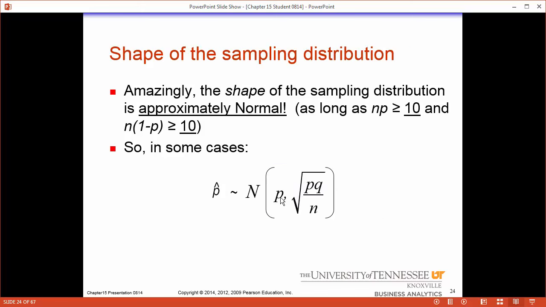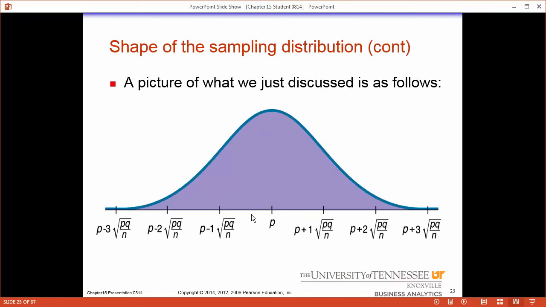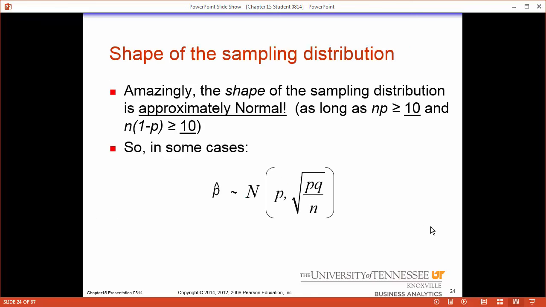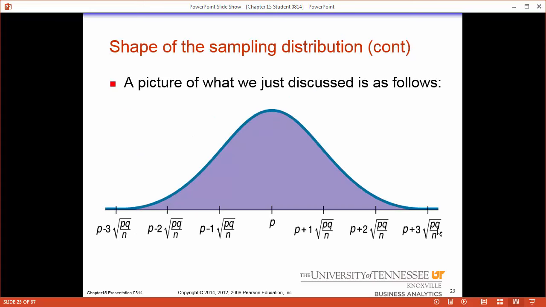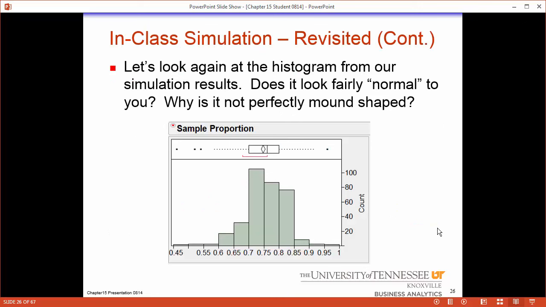And then we're going down 1 standard deviation, 2 standard deviations, 3 standard deviations, p minus 3 standard deviations, p plus 3 standard deviations. Why is this a standard deviation? It's what we're calling a standard deviation, the square root of p times q over n. And there it is again. Does this look normal to you? It actually is pretty normal. If we were to do a goodness of fit test, I do believe this would pass as a normal.